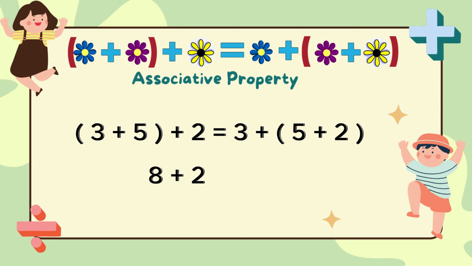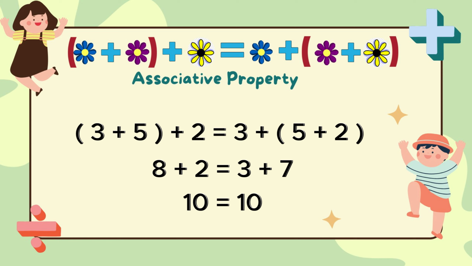And on the right side, bring down the 3, or 3 plus, and we first solve 5 plus 2, which is equal to 7. Now, as you can see, the intermediate results are different but they are still equal under the associative property. 8 plus 2 is equal to 10 and 3 plus 7 is also 10. Now, what have you noticed? They are still equal. So, therefore, the associative property is true under addition.